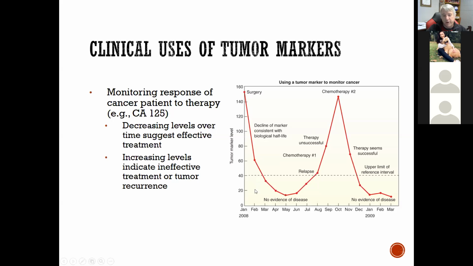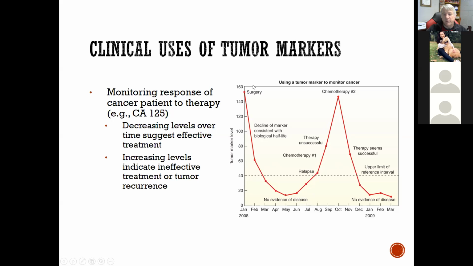Okay, so we had a tumor marker level of 150 here before the surgery, say if that was CA-125. Then we have the surgery, and there's a decline in that marker until it gets down below where we would say they have gone into remission. Then about 7 months later, there is a relapse and the CA-125 starts to rise again.